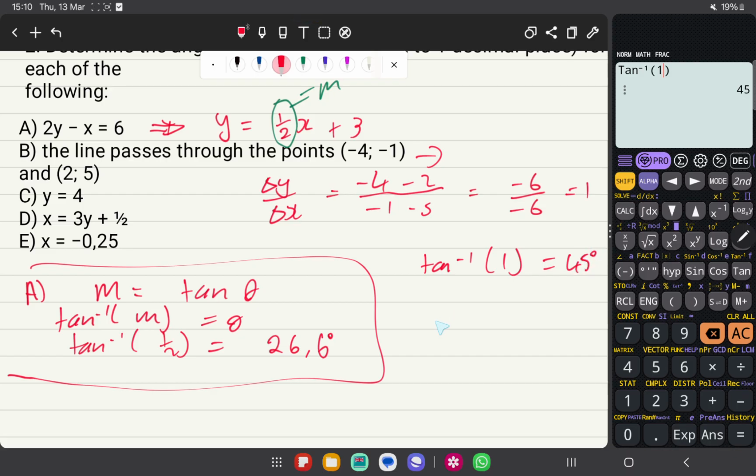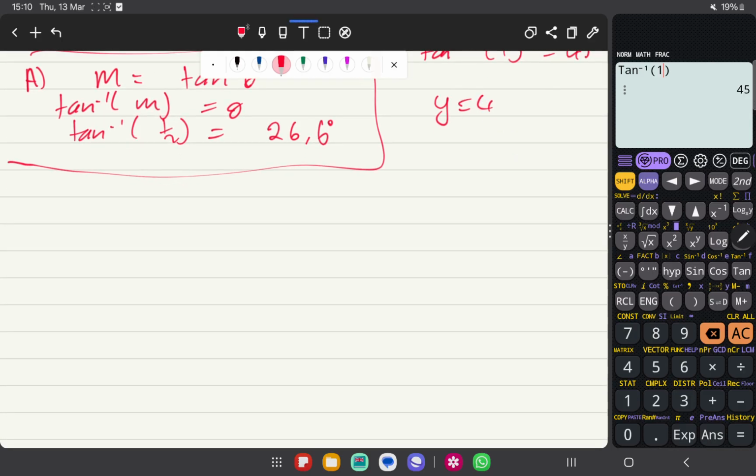And then look at this line. The gradient is what? The gradient is 0 because you have y equals 4. Say you have your Cartesian plane, and on your Cartesian plane you have y equals 4.